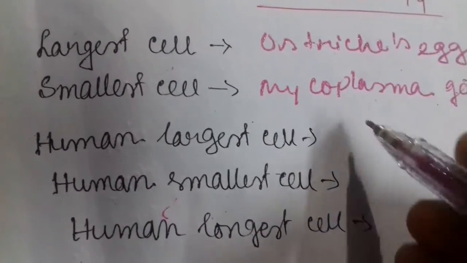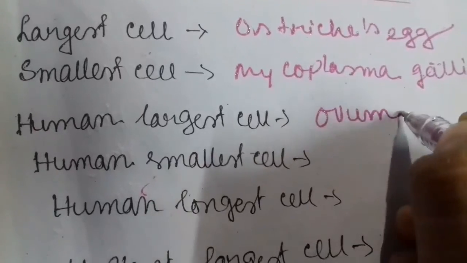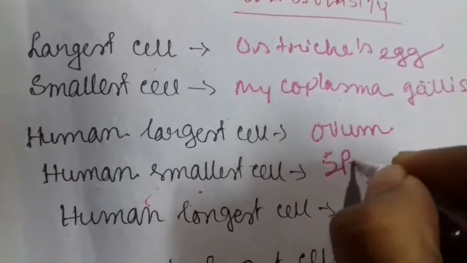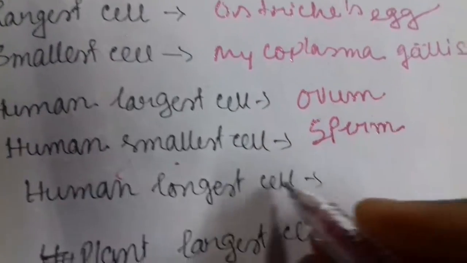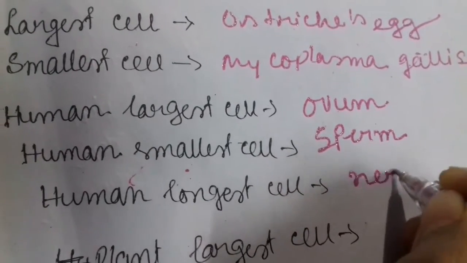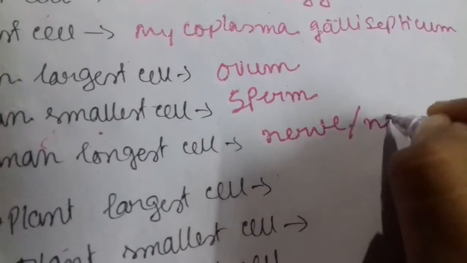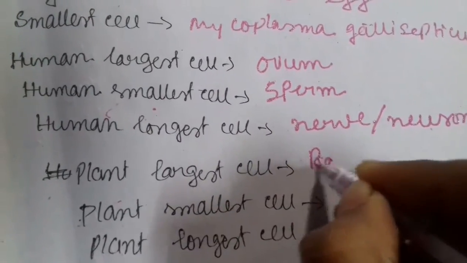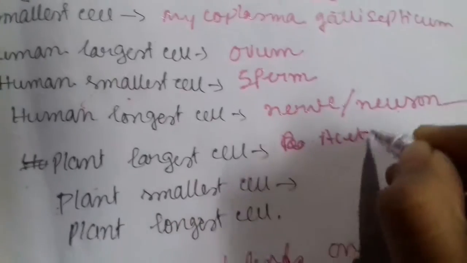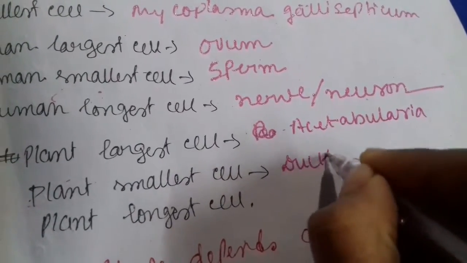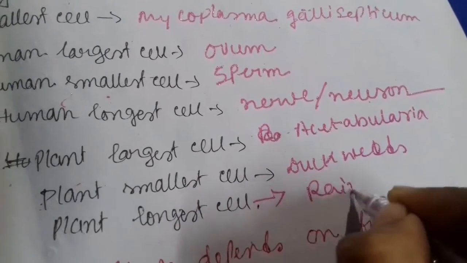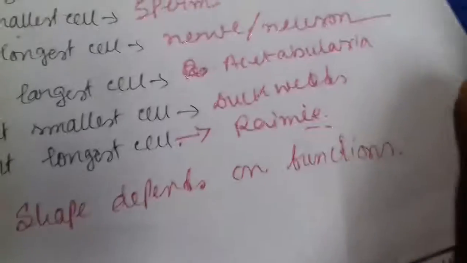The largest human cell is the ovum. The smallest human cell is the sperm, the germ cells. The longest human cell is the nerve cell, or neuron. In plants, the largest cell is Acetabularia, the smallest is duckweed, and the longest is ramie or root fiber.